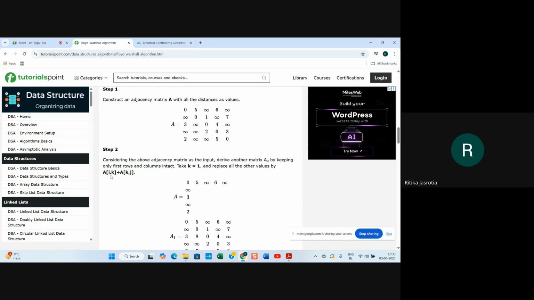Then 1 1 plus 1 4, 1 1 is 0 and 1 4 is 7, so it will come out to be 7 here.